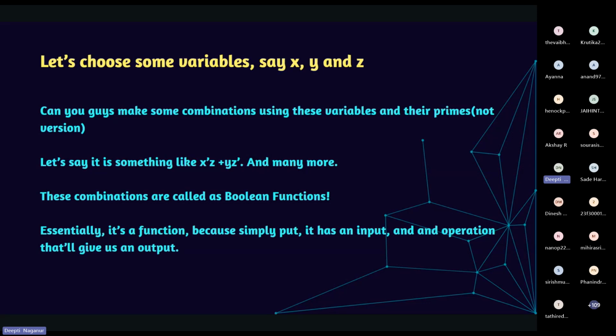Because it has an input and it has an output. And that output is determined by the operation that we do on the input, which is exactly what happens in the mathematical functions that we have studied in schools. So we have an input, output, and an operation that determines how the output is going to be. That's why this is a Boolean function.